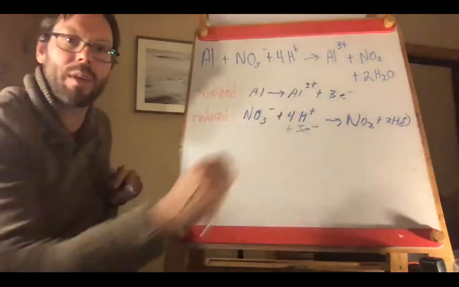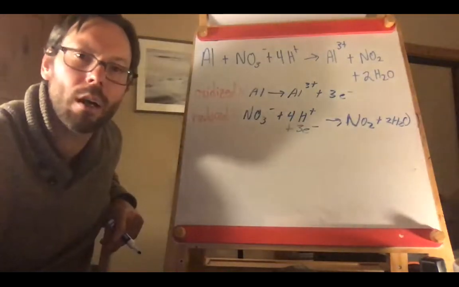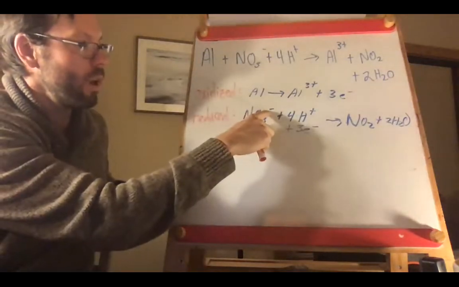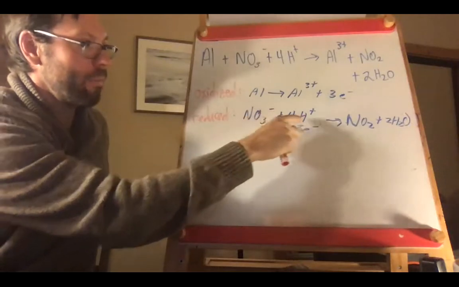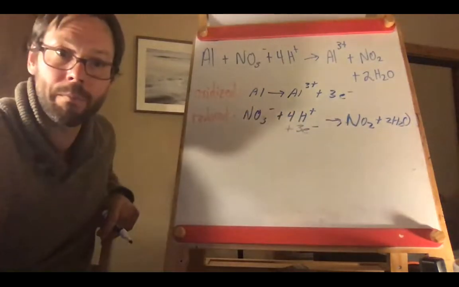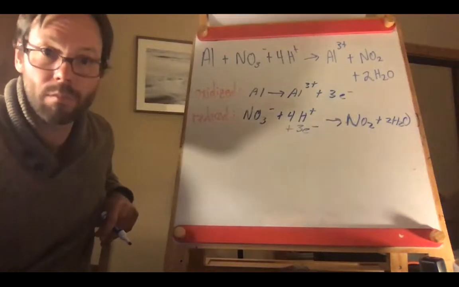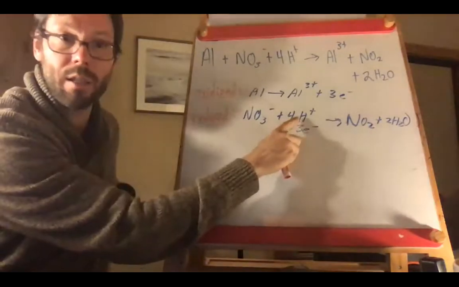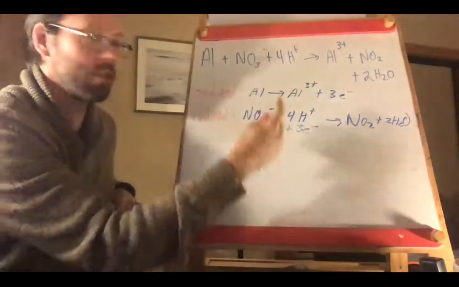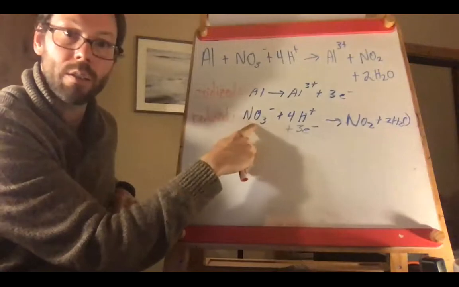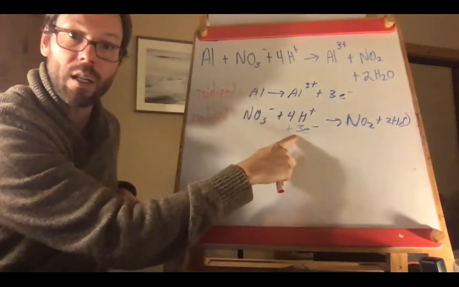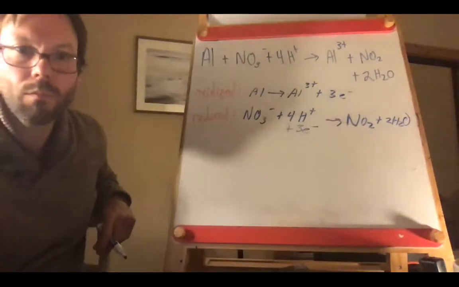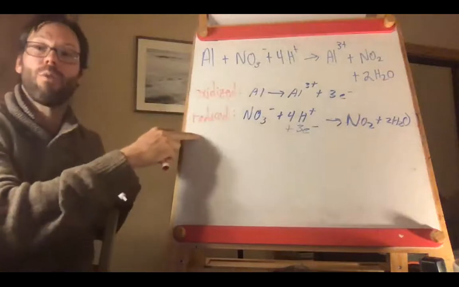Why? Because they'll end up canceling out in the balanced half reaction method that we talked about. A -1 and 4 positives is a net of 3+, right? 4 hydronium ions have a charge of 4+, minus this 1, so +3. So we add 3 electrons here to balance that out, because there's no charge over here. So that's our oxidation, and that's our reduction.